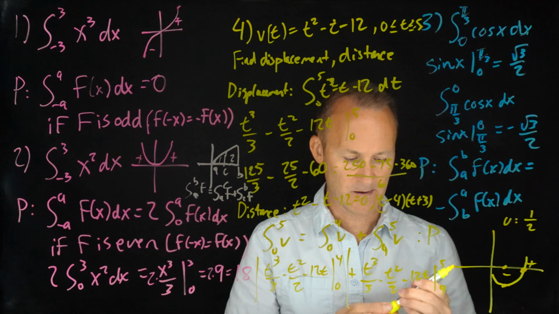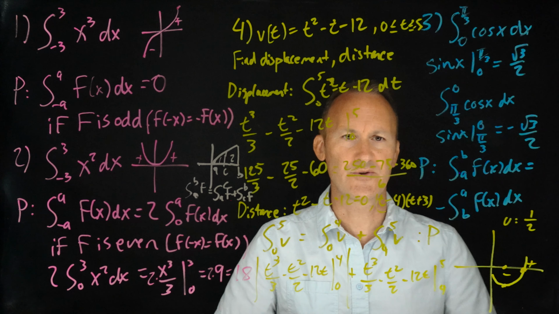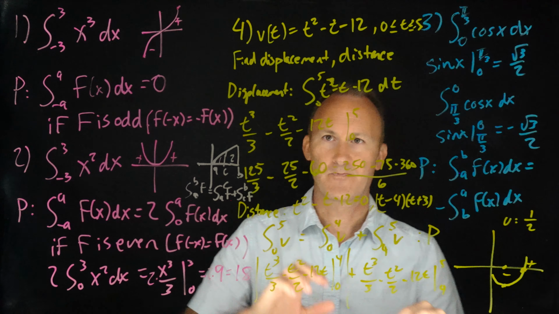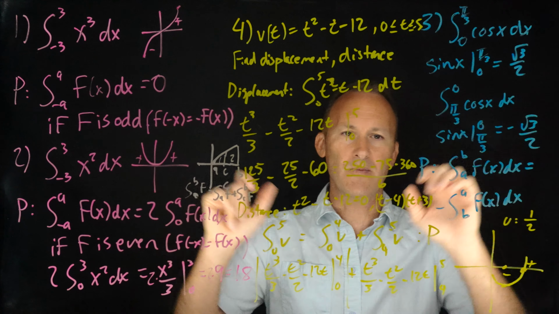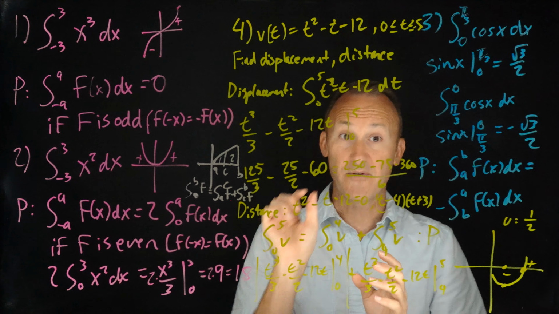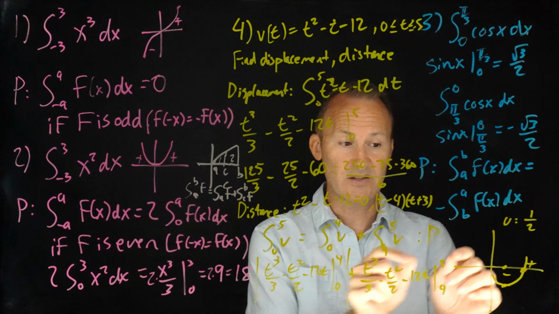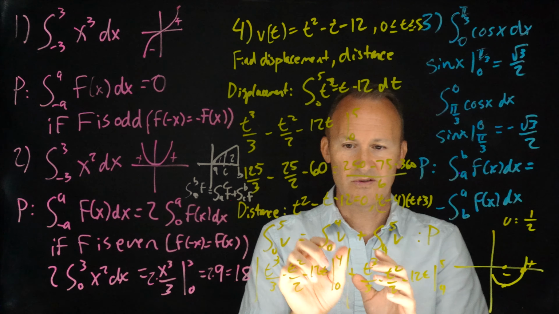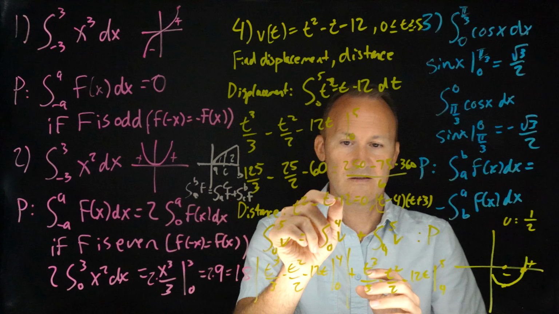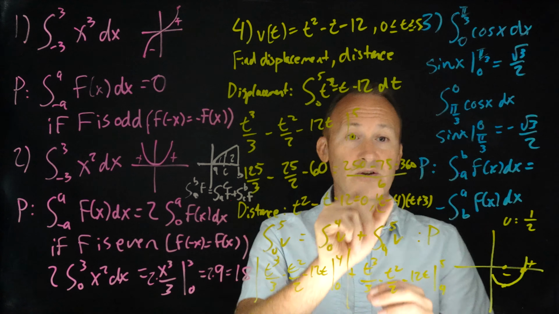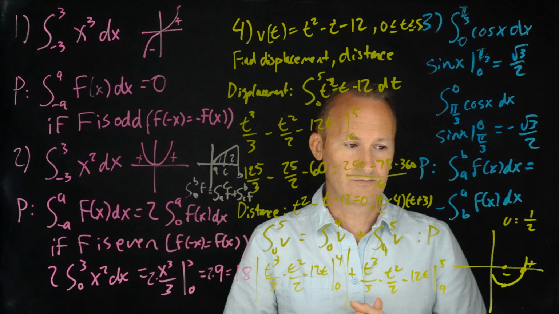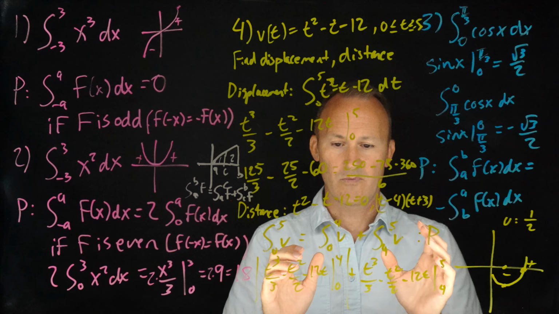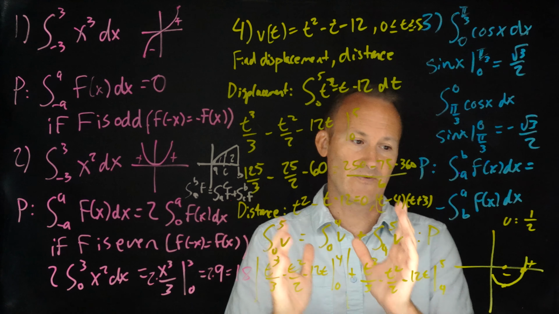Okay, so when you're doing displacement, just do the integral, no problem. You don't have to worry about it. But for distance, you must find the 0. You must do 2 separate integrals, from the a to your 0, and then from your 0 to your next point. Okay? And then you need to take the absolute value.